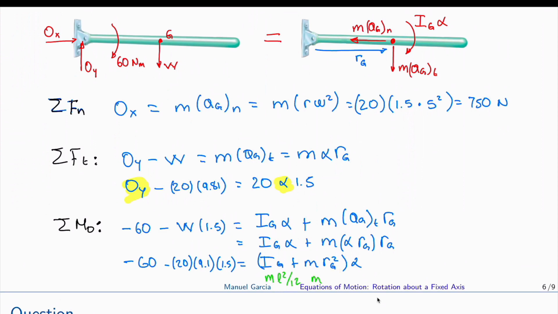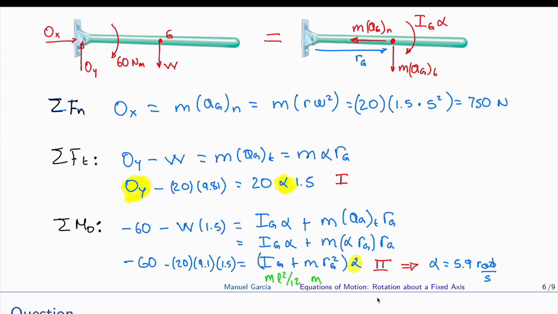So we have two equations. The first equation is this one. The second equation is this one. And the two unknowns that we have are Oy and alpha. And in the second equation, we have alpha. We can actually solve for alpha from this equation. So if we solve for alpha, we get that alpha is equal to 5.9 radians per second squared. I recommend you to do the math, to put it in the calculator.